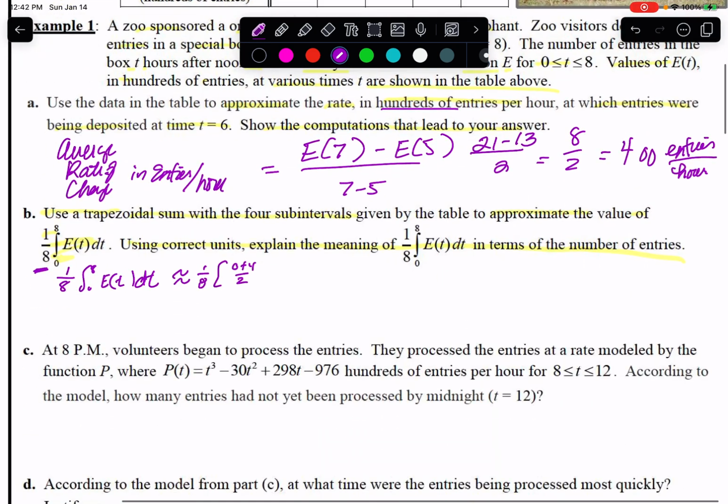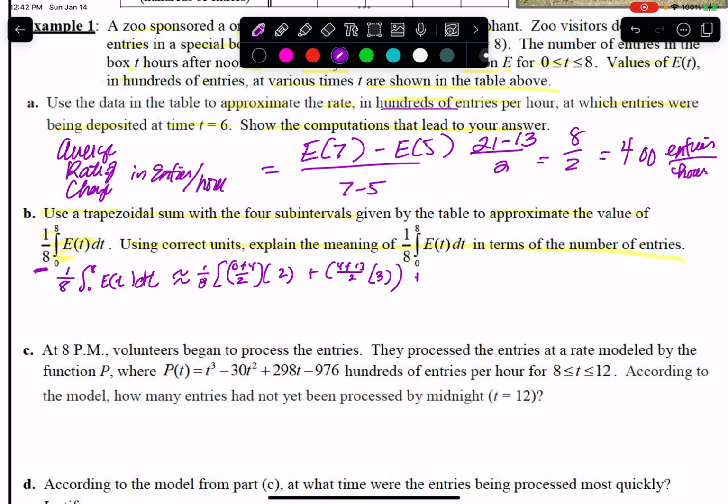Those are the numbers that we're going to have to multiply. So this times 2, plus 4 plus 13 over 2 times 3, plus 13 plus 21 over 2 times 2, plus 21 plus 23 over 2 times 1.